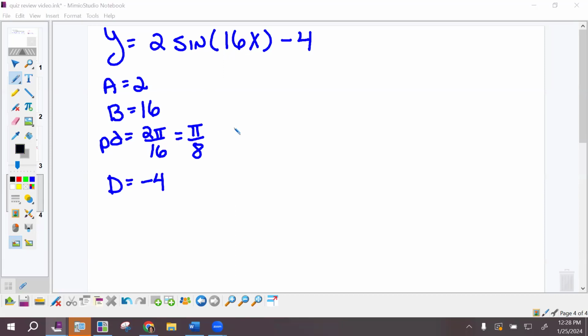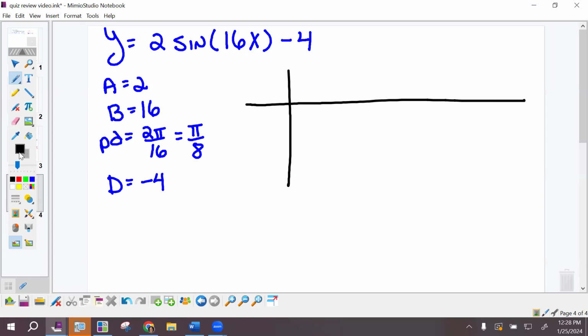All right. So from my midline, I'm going to count up 2 and down 2. That's a bad scale. Okay, down 2.